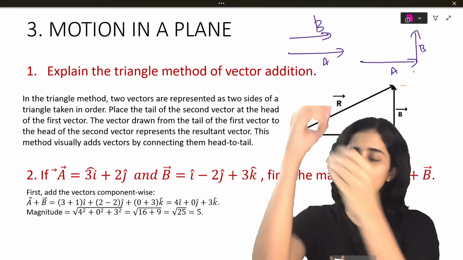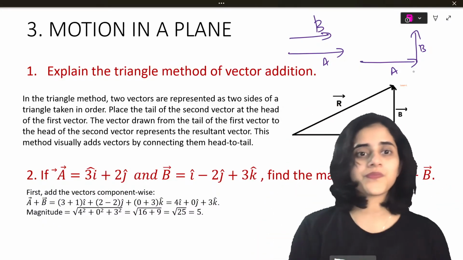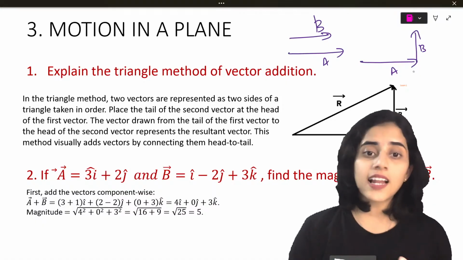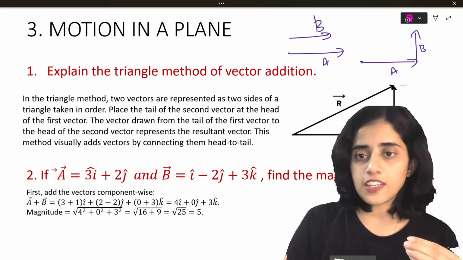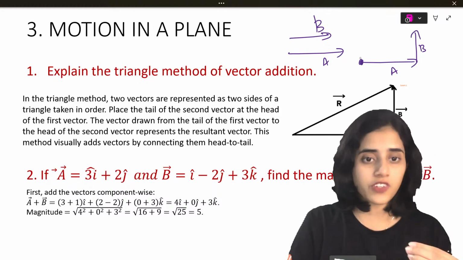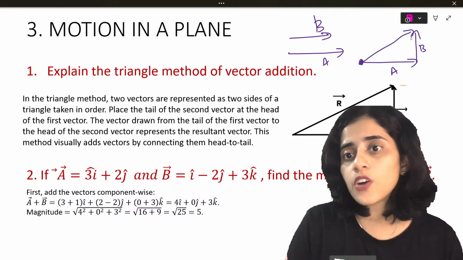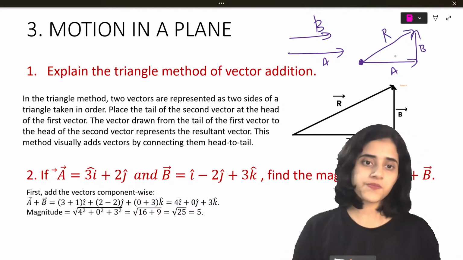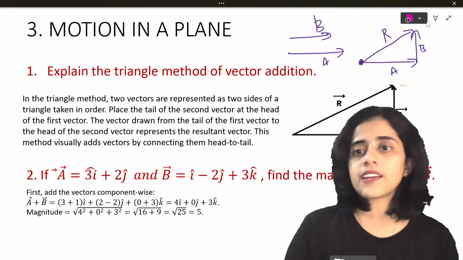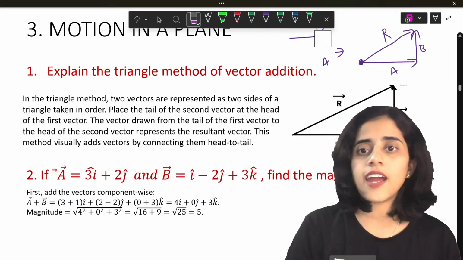So it should be going like this. Now, the resultant vector should be drawn from the tail of the first vector, which is A, to head of the second vector. This is the resultant. So this is the triangle method of vector addition.